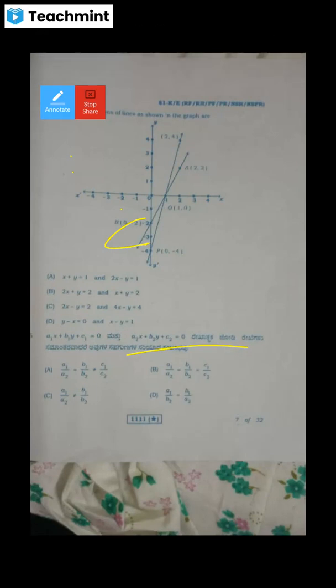But for the second equation, 1 plus 0 equal to 2, so it means 1 equal to 2, that is not possible. So third one, 2 into 1 is 2 minus 0 is 2 equal to 2, that's okay. For the second equation, 4 into 1 is 4 minus 0, again it becomes 4 equal to 4. It means option C is the right answer. Fourth question, option C is the right answer.